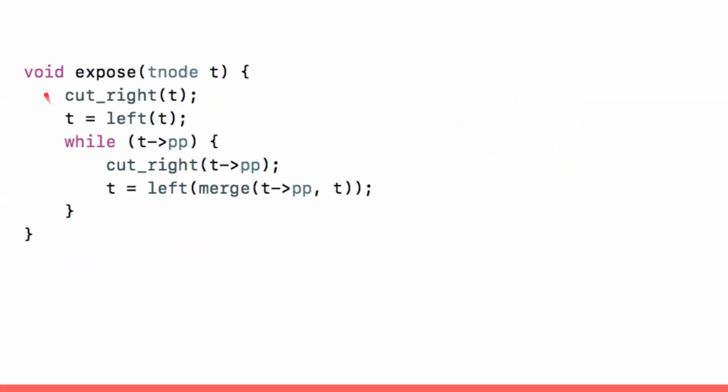So we should use cut right here because we don't want this vertex T to have any heavy edges. So if we make a path, this vertex T should be the very last element. That is why we are erasing everything we have after T in our split tree.